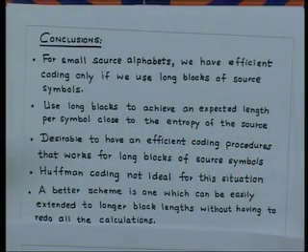We are then limited to using that block length. A better scheme is one which can be easily extended to longer block lengths without having to redo all the calculations. One such way to achieve this is to use arithmetic coding.